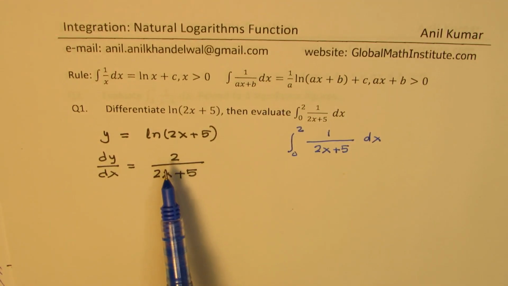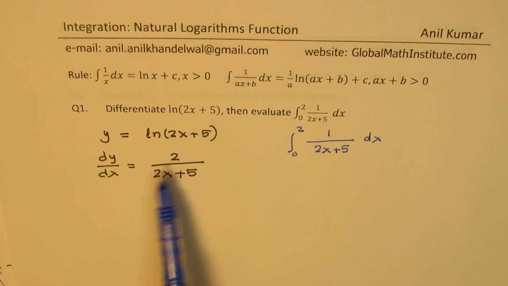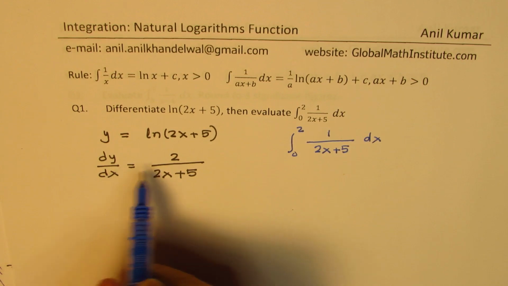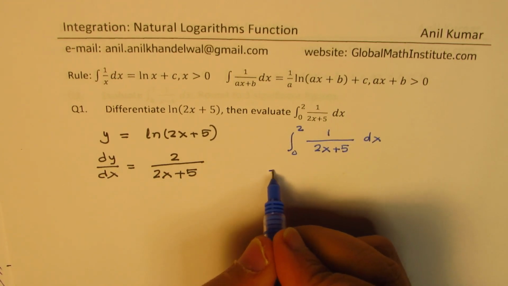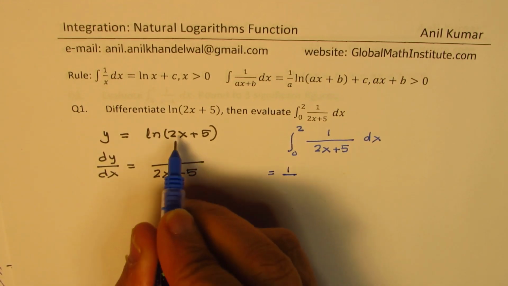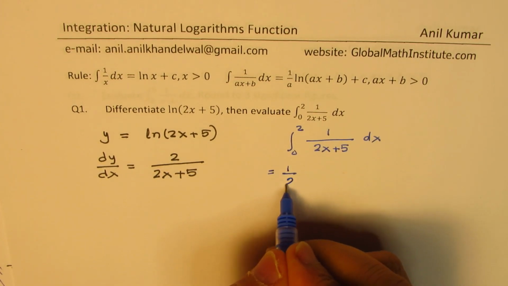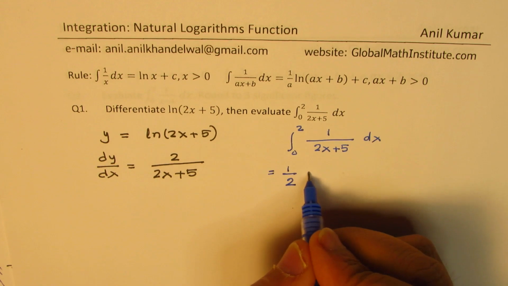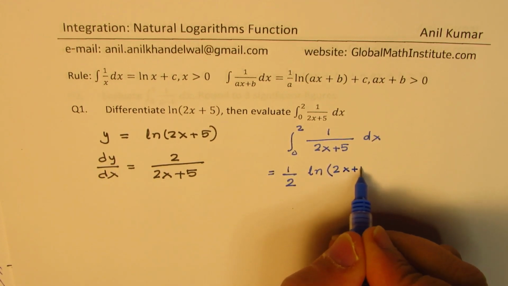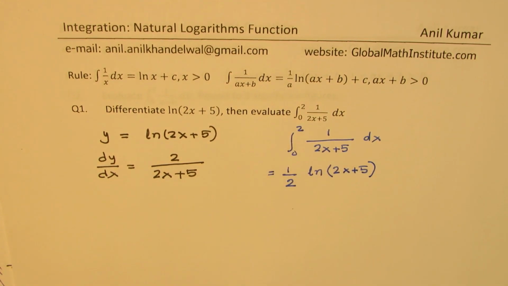What do we get here? We get 2 times this. So we could say that this integral is equal to half of the function itself, which is half of ln(2x plus 5). You get the idea, right?